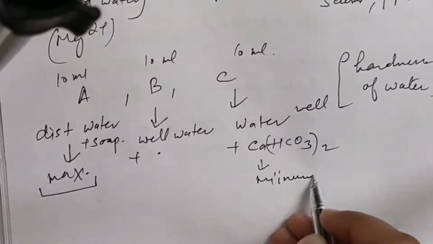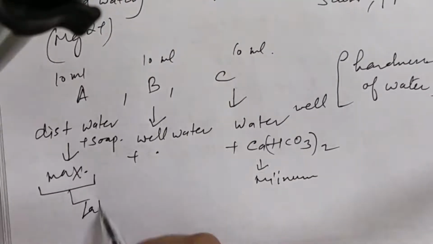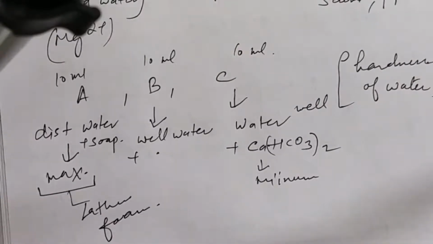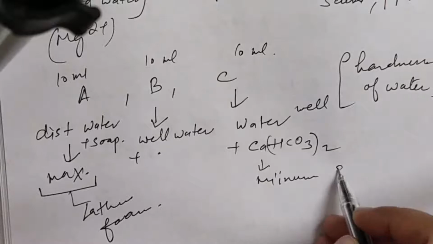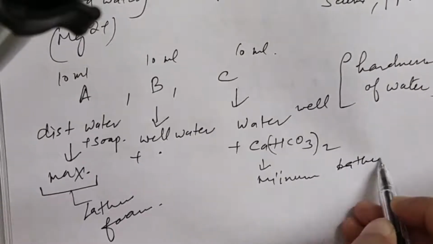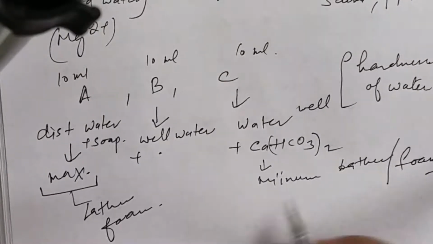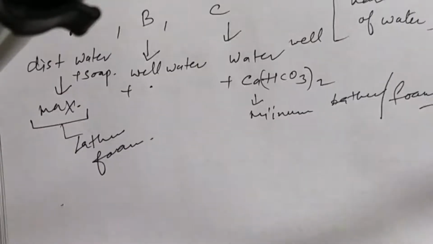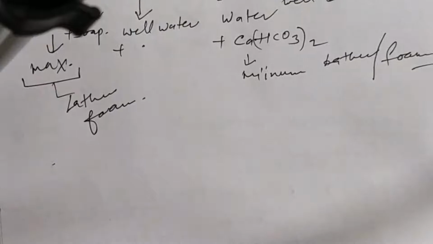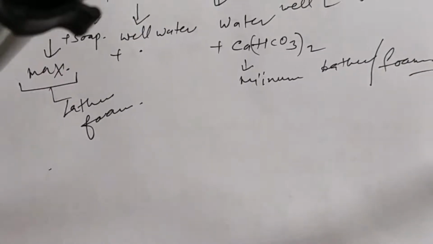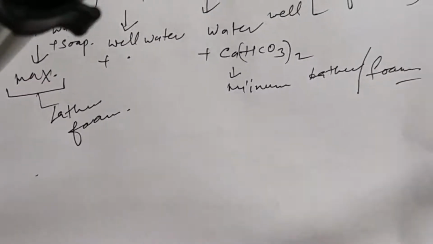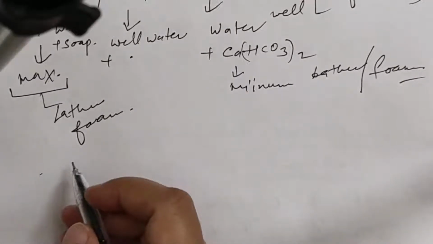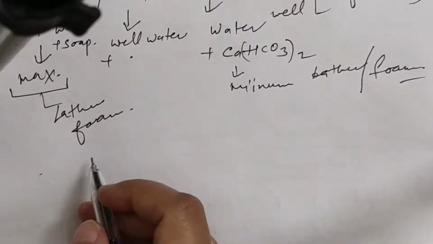Okay, so this is how you can do the comparative account of the cleansing capacity of different samples of water with soap. Now we are doing the cleansing action of soap. The cleansing action of soap is very easy to understand, students.